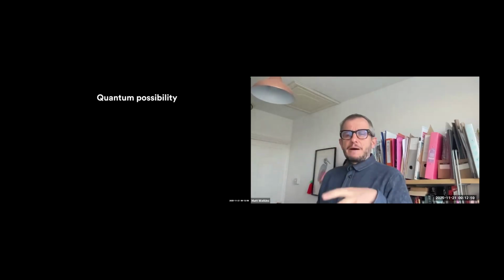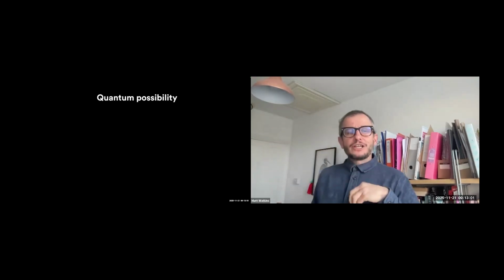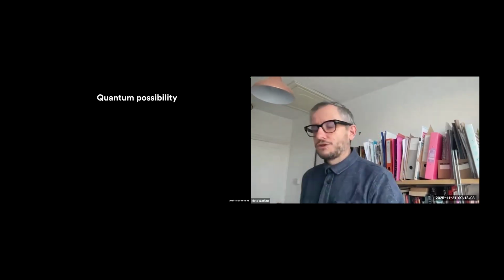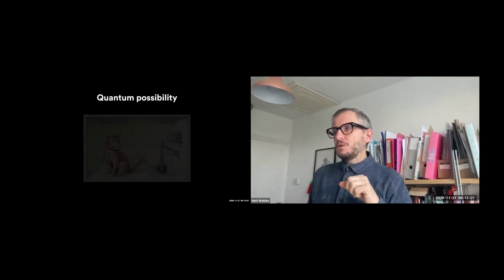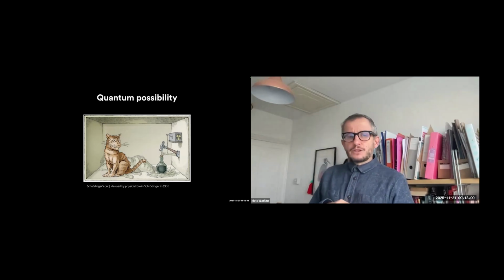So one of the ways we can think about that in computation is to look at something like quantum, or the idea of something which is a bit variable. Some of you may have heard of Schrodinger's cat, a thought experiment that demonstrates some of the fundamental principles of quantum physics. A cat, a flask of poison, and a radioactive source are placed in a sealed box.